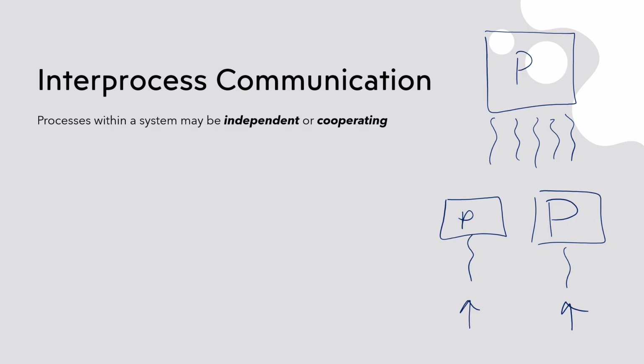If you have independent processes, you're not going to have any issues with concurrency, and they don't have to communicate. But many times this process is doing something, and then it needs to wait for the result from that process, or vice versa, or for some reason they need to share data, and those would be considered cooperating processes.